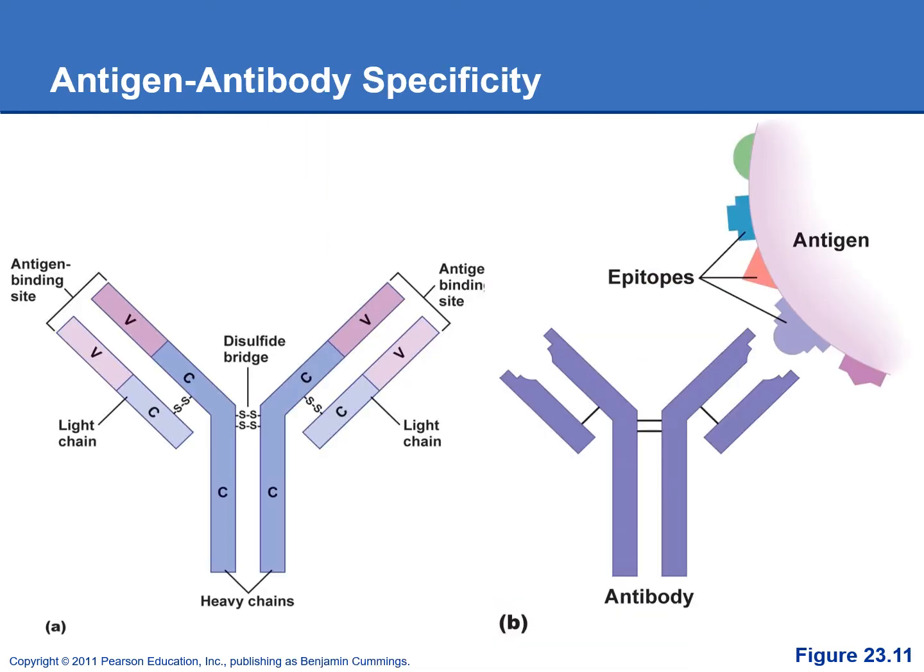The antibodies that are produced by the B lymphocytes are very specific to what they bind to. On the tips of the Y here, this is called the variable region, and this is where it binds to the antigen. And on an antigen, there can be different epitopes. An epitope is just where the antibody binds to.